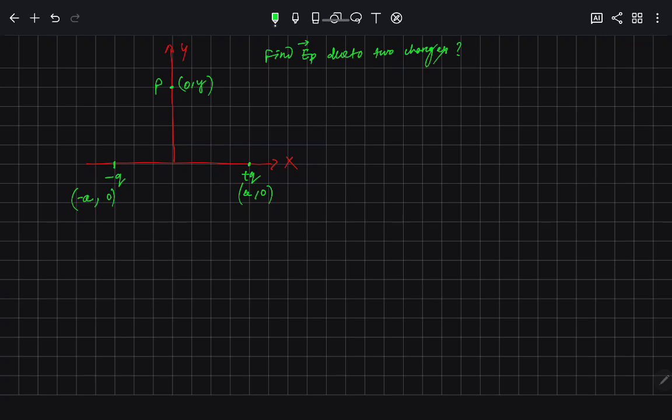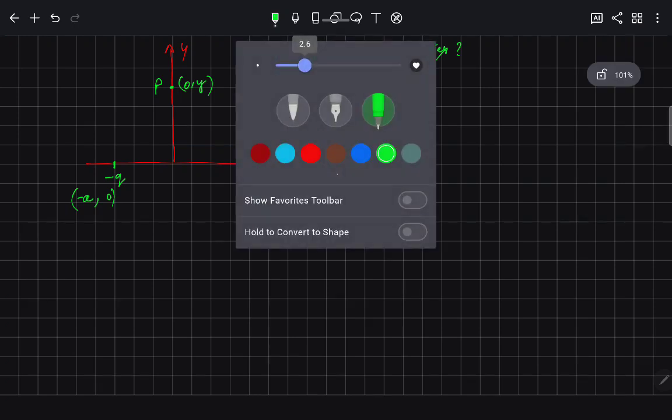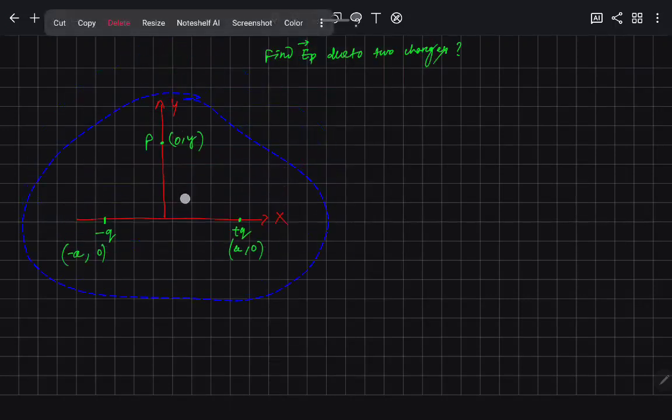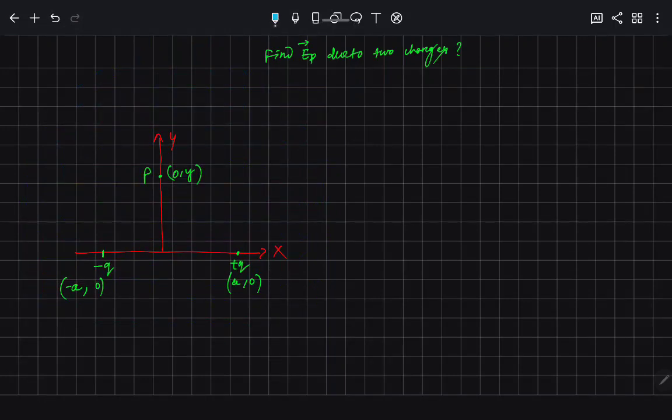Okay, so now you have to find the net electric field. I am taking this one down a little bit. For a positive charge, the electric field is radially outward.